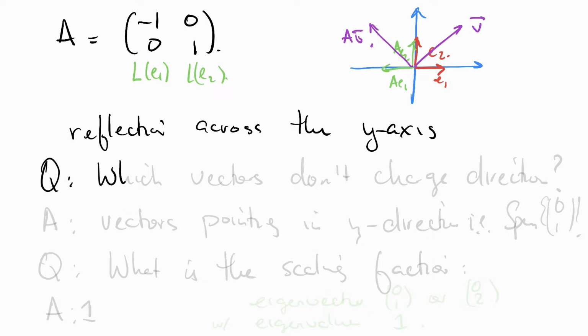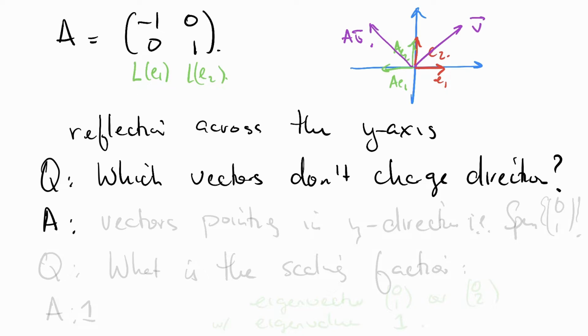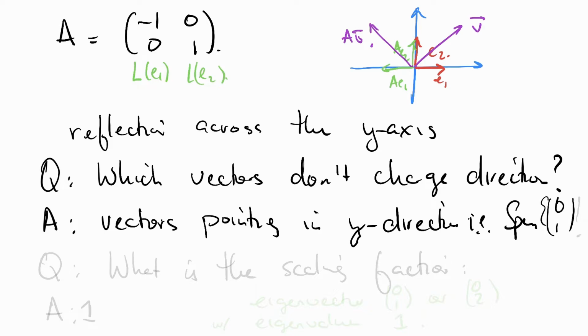Question: which vectors don't change direction under this linear transformation? Well, I'd like to argue that it's just the vectors pointing in the y direction, as in the span of (0, 1).